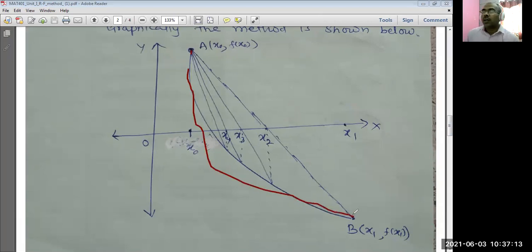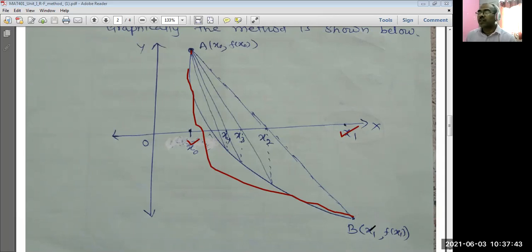And we have chosen two points, x0 here and x1 here, so that the value of f(x0) is positive in this graph, because this point A lies in the first quadrant, and the value of f at point x1, that is f(x1), is negative because this point is in the fourth quadrant.